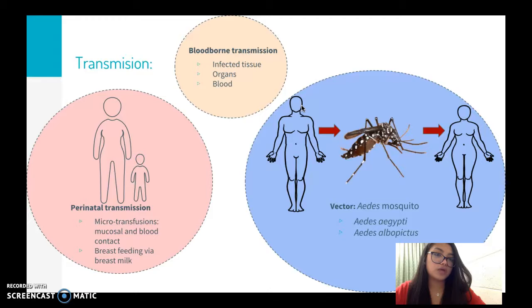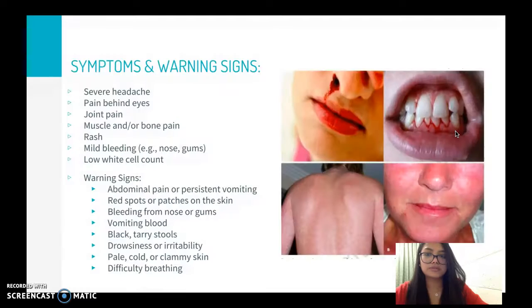So once the mosquito has taken its blood meal from this infected human, it will take in the dengue virus, and will live with it for the rest of its life, for like 2 to 4 weeks, and then bites a different healthy individual and passes that dengue virus to them.